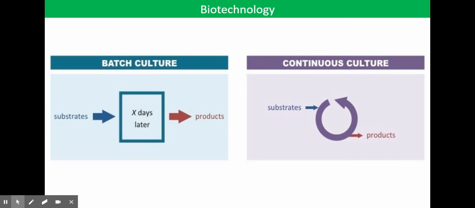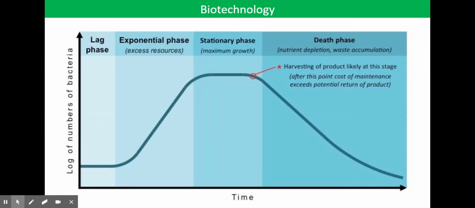Now we're going to think about batch production, batch culture. Other products are produced only when the cells are placed under stress, such as high population density or limited nutrient availability. These are called secondary metabolites and are produced mostly during the stationary phase of growth.